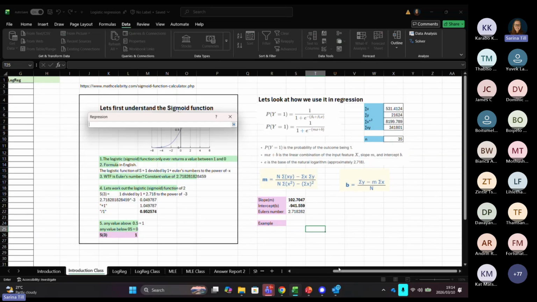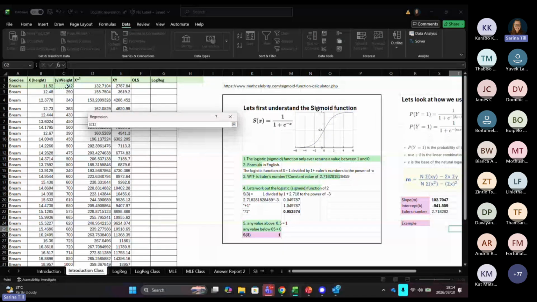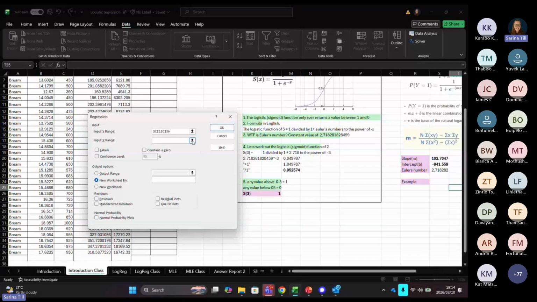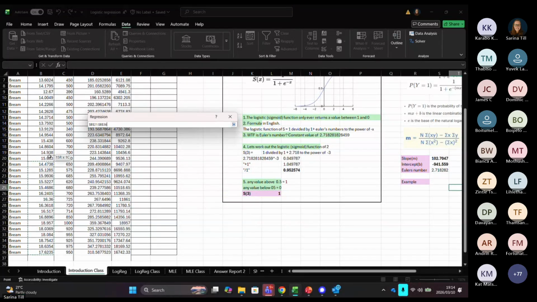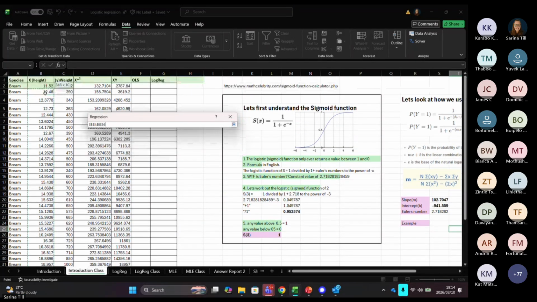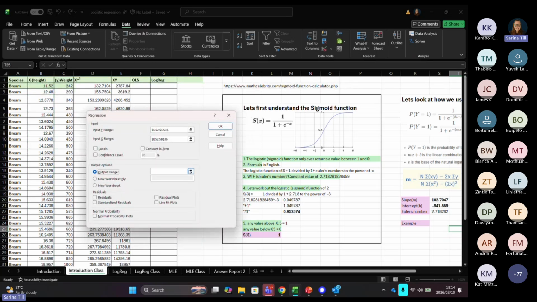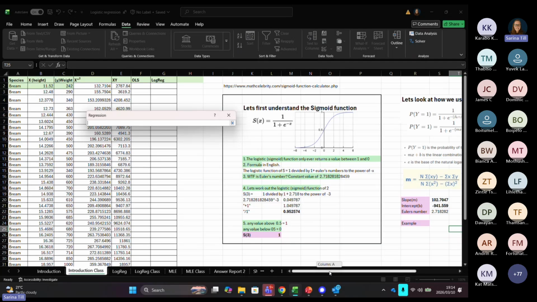So we went and said, here is my Y input range. Oh, I only have one type of fish here. Never mind. Okay. And here is my X input range. And we would like to see this in an output range, which we're going to select way over here out of the way.